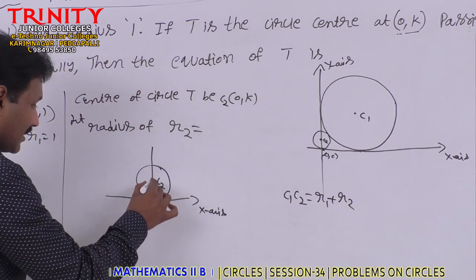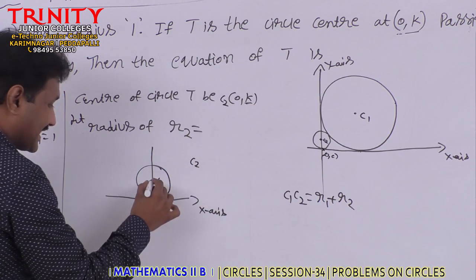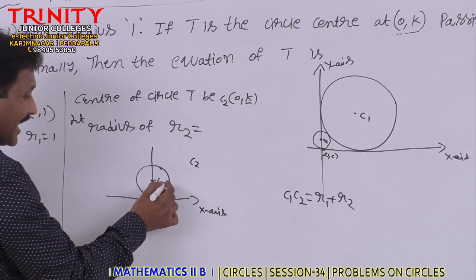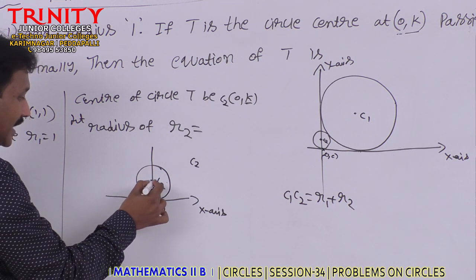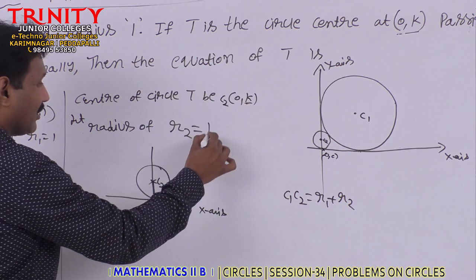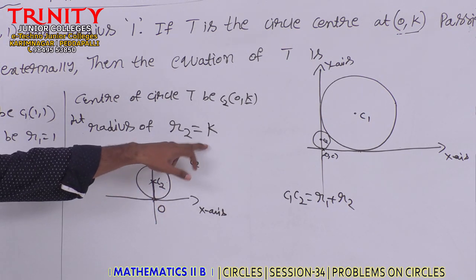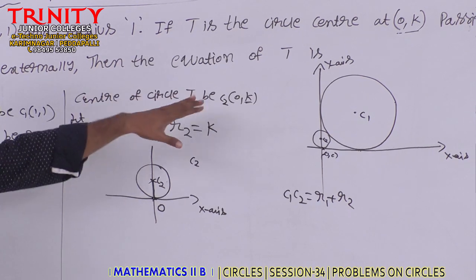Here, C2 is (0, k), therefore k is the radius of the circle. Any circle that touches the x-axis has its y coordinate as the radius. The distance from the origin to C2 is k, therefore the radius of the second circle is R2 equal to k. If we find the value of k, then we automatically get the equation of the circle T.